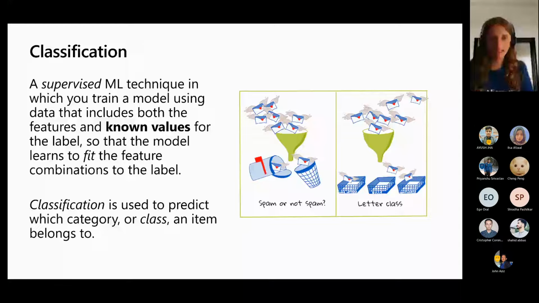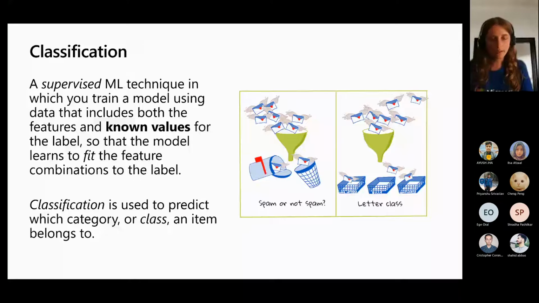For example, we might want to develop a classifier able to identify if an incoming email should be filtered or not, according to the style, the sender, the length of the email, etc. In this case, the characteristics of the email are the features, and the label is a classification of either a 0 or 1, representing spam or non-spam for the incoming email. So this is an example of a binary classifier.